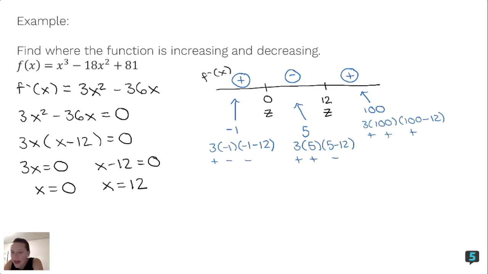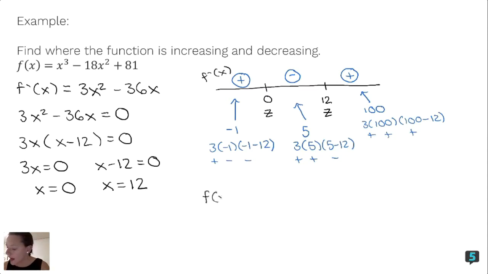All right, so we've got negative infinity to 0 and 12 to infinity for increasing. Awesome. Can somebody else give me the decreasing? Great, 0 to 12. So again, being real careful about my language when I write my final answer, because this is the function that's increasing and decreasing.